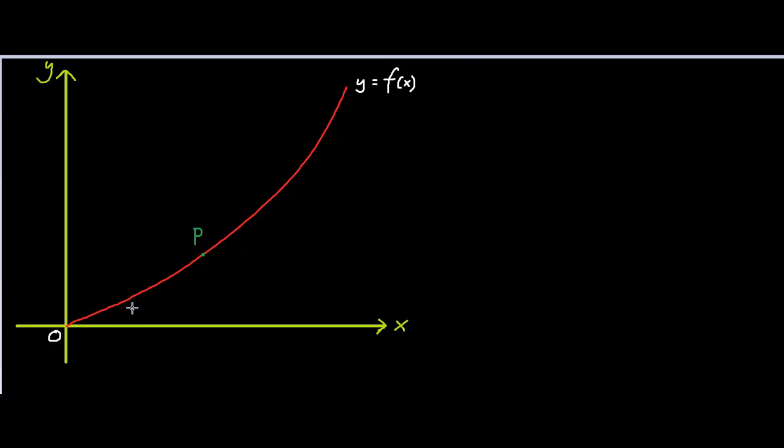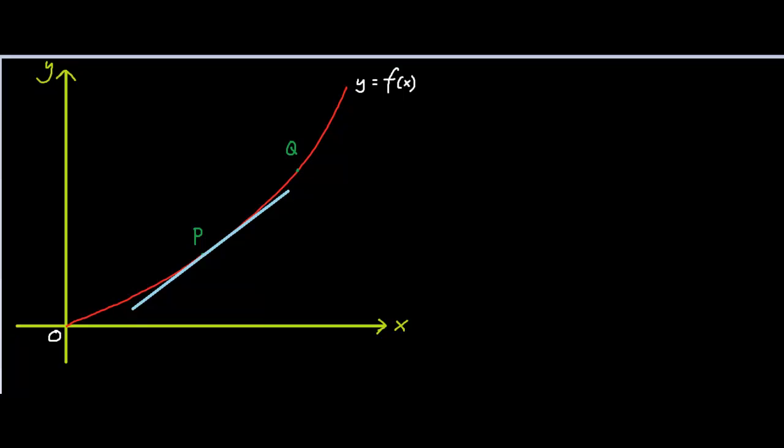So let's say this point P over here. We do this because on curves, gradients are different at different points. So, let's say we had a point Q here.